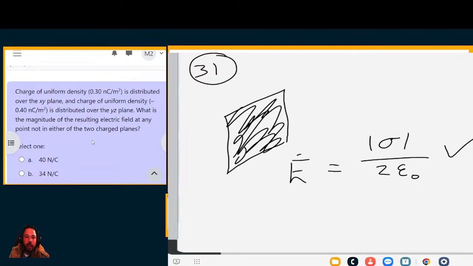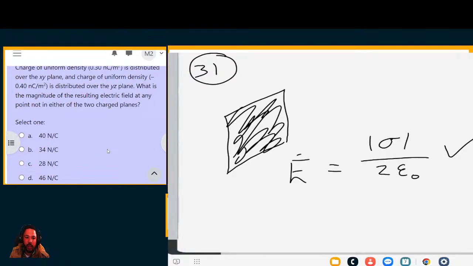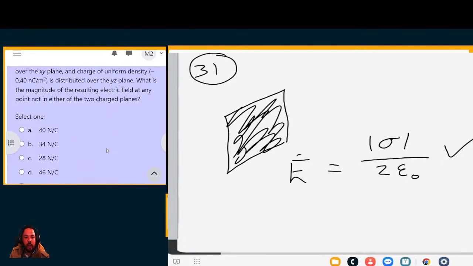So they want to calculate the magnitude of the electric field at any point not in either of those charged planes, so everywhere else.